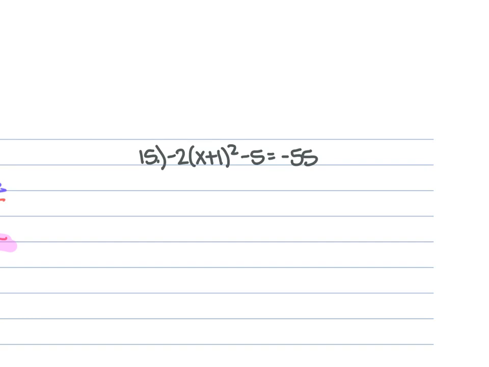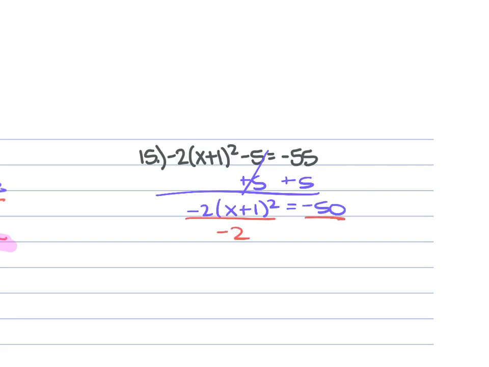For 15, we have −2(x + 1)² − 5 = −55. We're going to add the 5 to both sides. So this is going to be −2(x + 1)² is equal to −50. We divide each side by the −2. We have (x + 1)² is equal to 25.